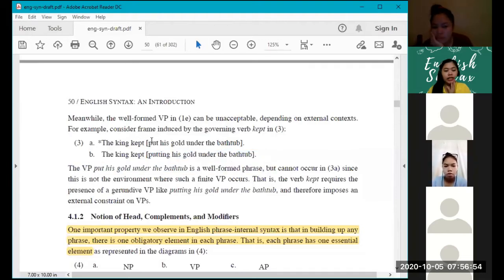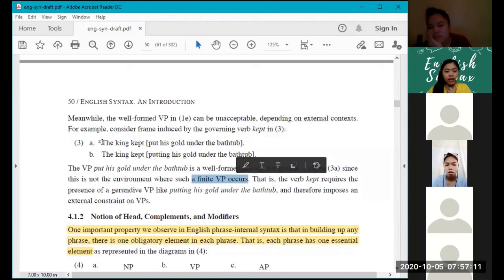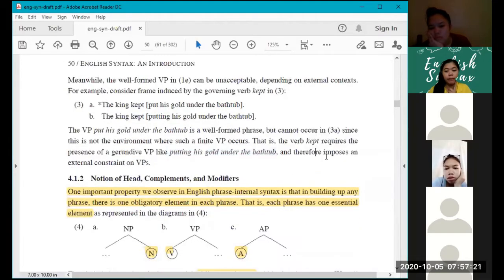The VP put his gold under the bathtub is a well-formed phrase, because it has a verb as the head of the phrase, but it cannot occur in this sentence because the environment where such a finite VP occurs is not possible. The verb kept requires the presence of the gerundive VP, like putting his gold under the bathtub, and therefore imposes an external constraint on the VP.